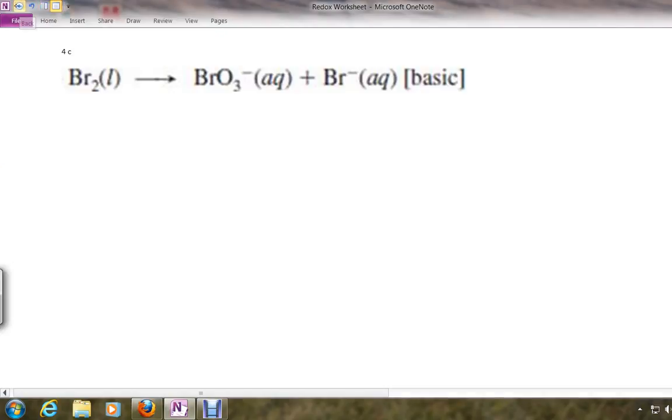Okay, so we got here, bromine here is 0, but part of the bromine went to this and this. This is -1, okay?